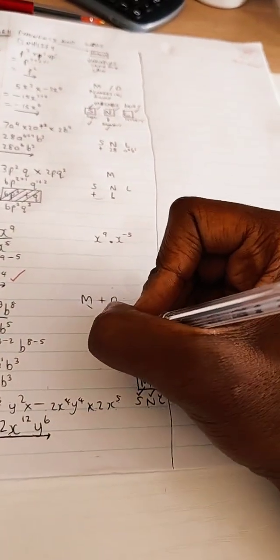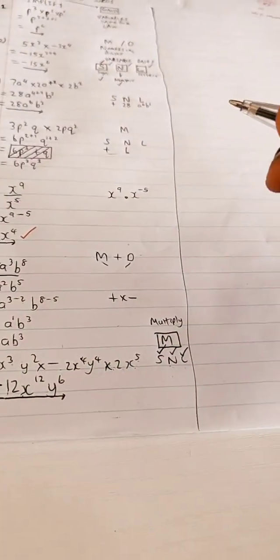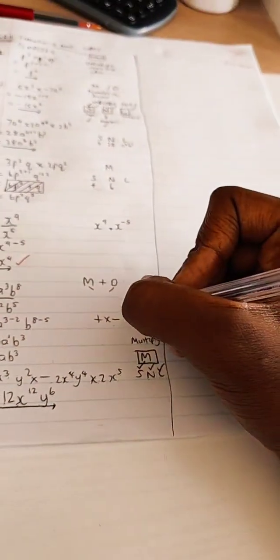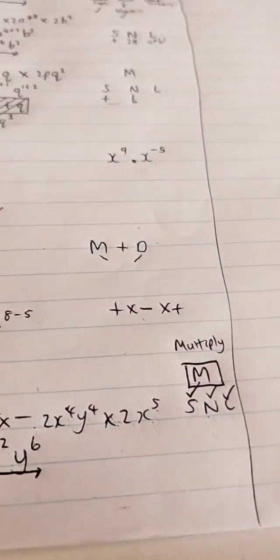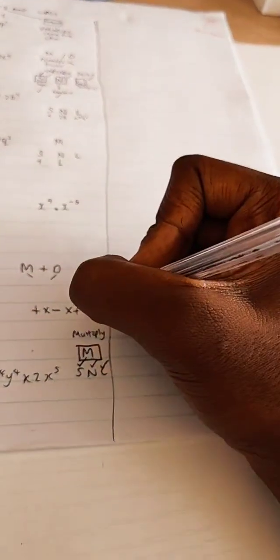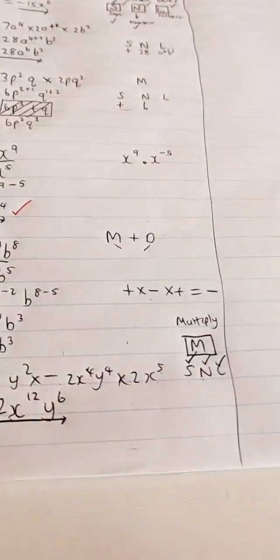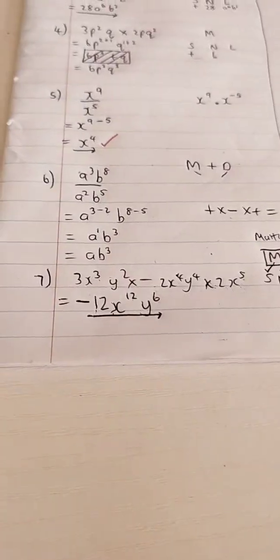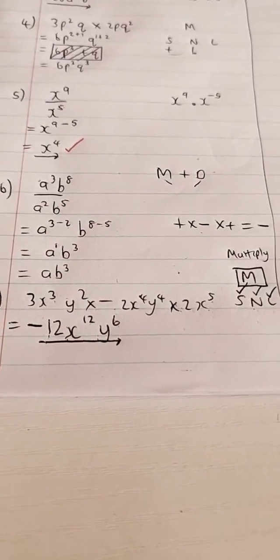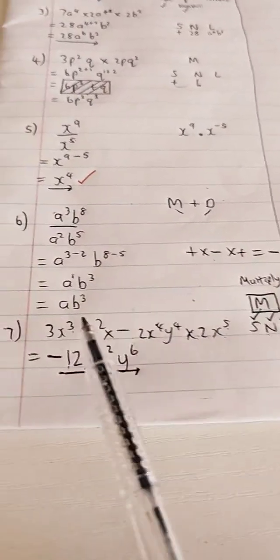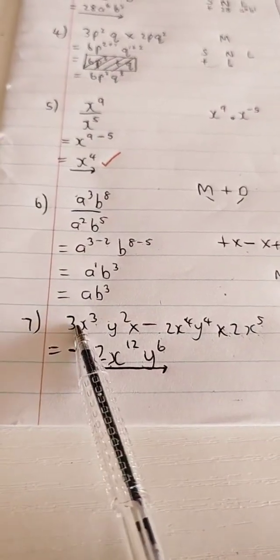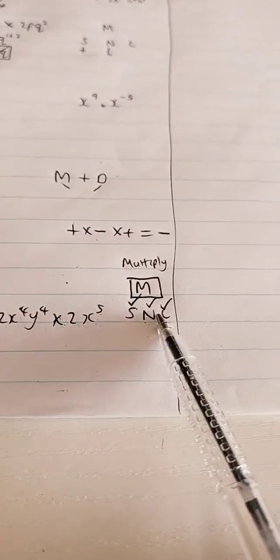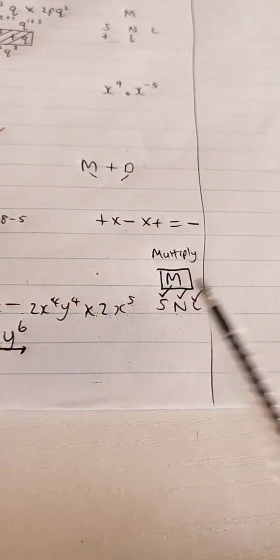What is a positive times a negative? It is negative. Then you times it by another positive. What is it? It is actually equal to a negative. That's where this negative sign comes from. Okay, then you move on to the numbers 3, 2, and 2. You multiply the numbers alone now.